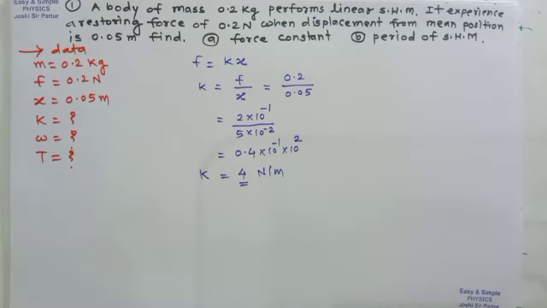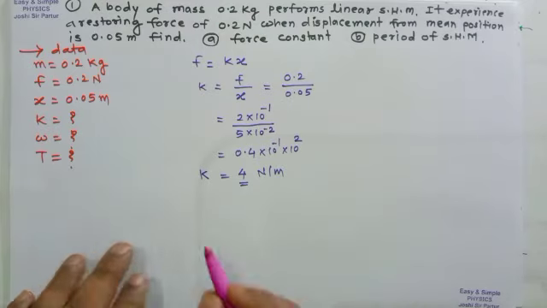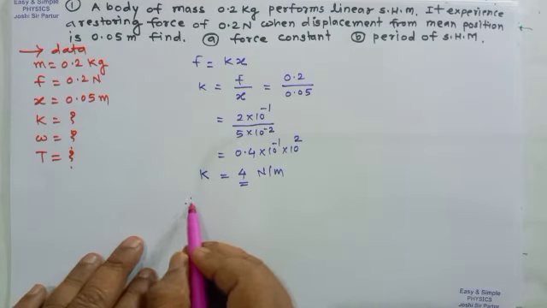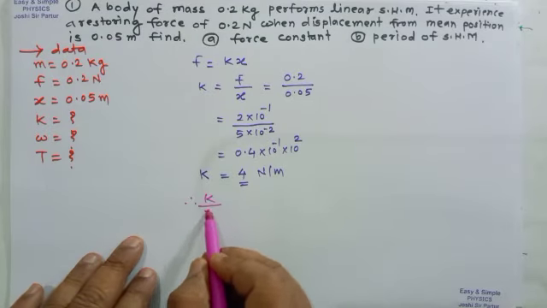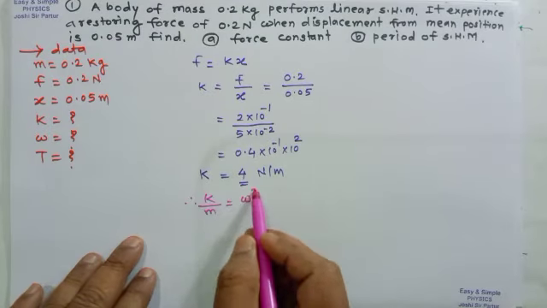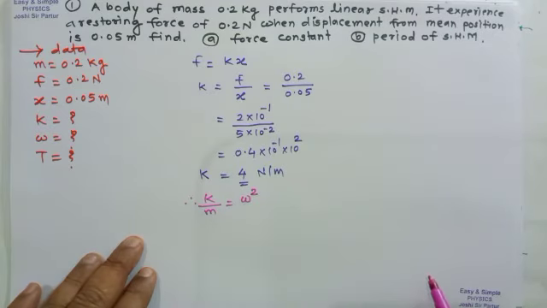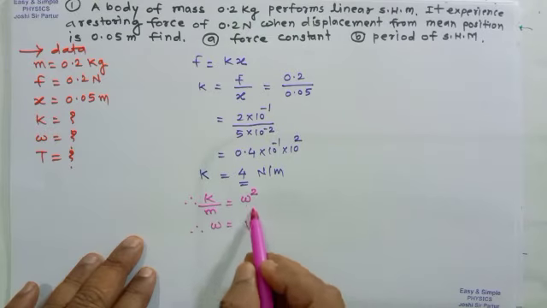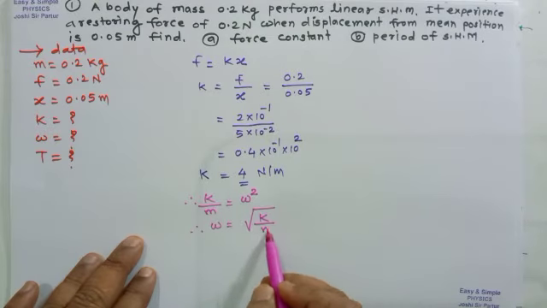But for finding out time period, we can use k upon m will be omega square. So here omega is equal to square root of k upon m.